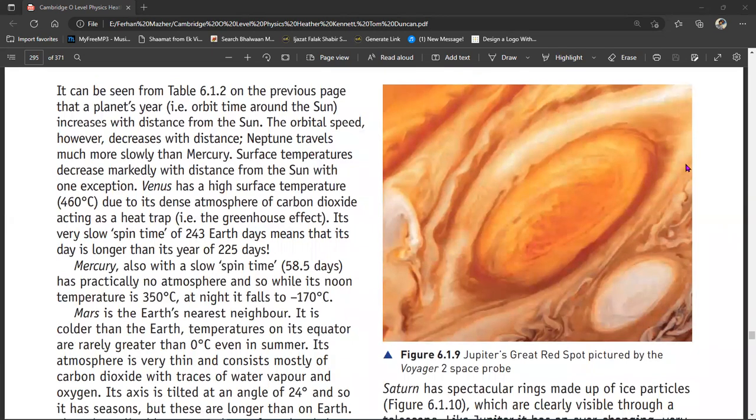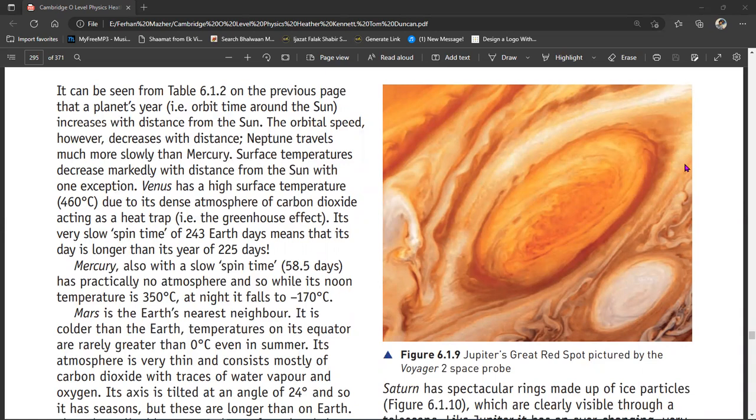Okay, it can be seen from the table 6.1.2 on the previous page that a planet's year, that is the orbit time around the sun, increases with the distance from the sun. The orbital speed, however, decreases with the distance. Neptune travels much more slowly than Mercury.